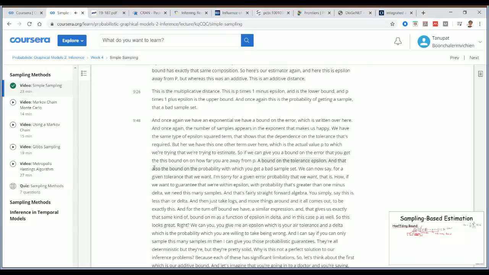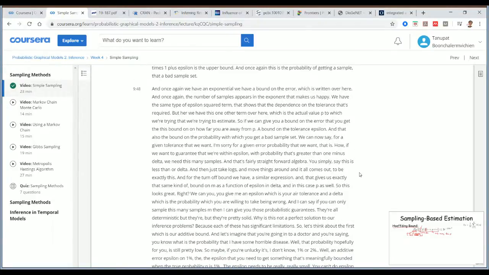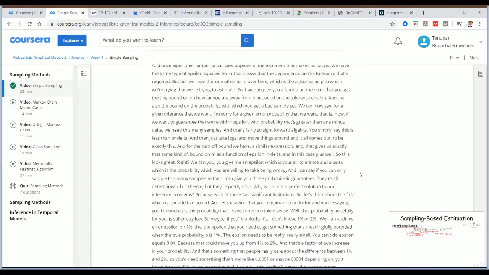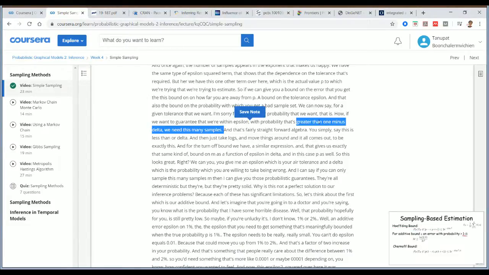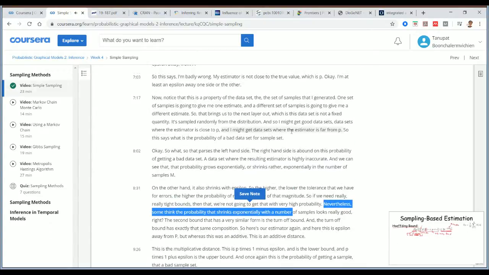The one minus delta. We need this many. Nevertheless, a probability that shrinks exponentially with the number of samples looks really good, right?